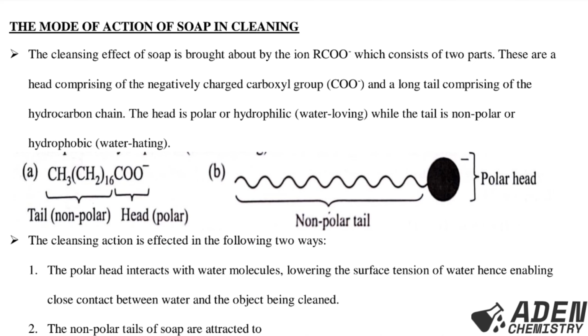So we're saying the cleaning effect of soap is brought about by the ion, that is RCOO minus, in other words the alkanoate ion, which consists of 2 parts. So we are saying there is a head comprising of the negatively charged carboxyl group written as COO minus, and a long tail comprising of the hydrocarbon chain.